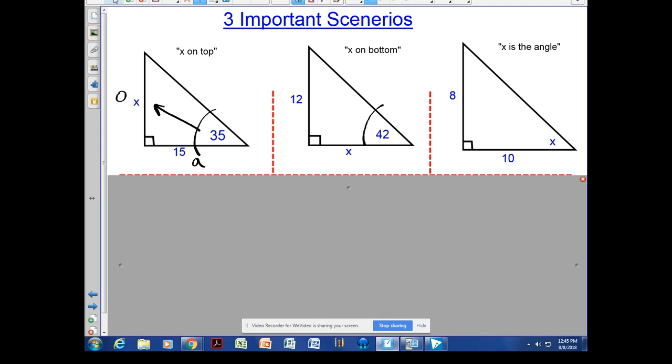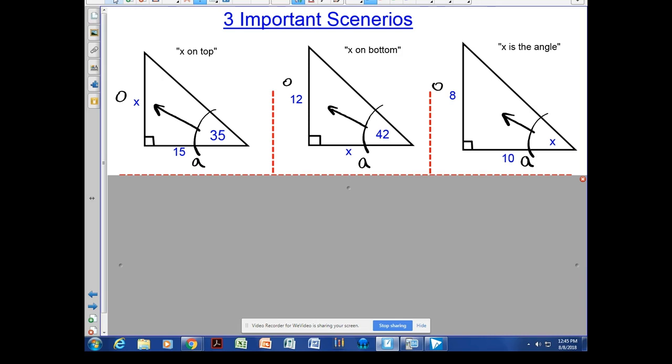Here's your angle, here's your O, and here's your A. With an O and an A, yes, it's also a tangent problem. Even though the angle here is what we're looking for, it's the x, that's the one I'm going to use. This is our O, here is our A. Yes, it's also a tangent problem.